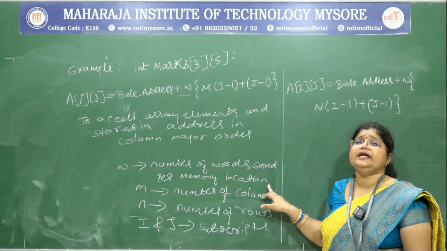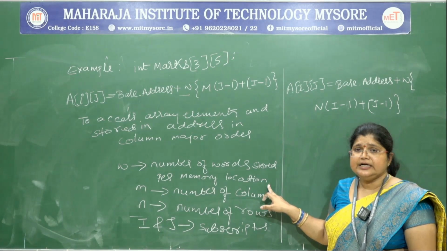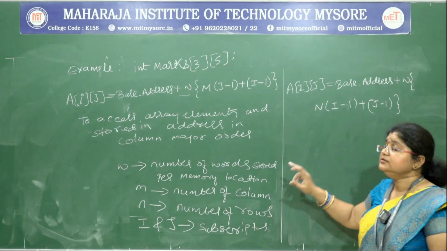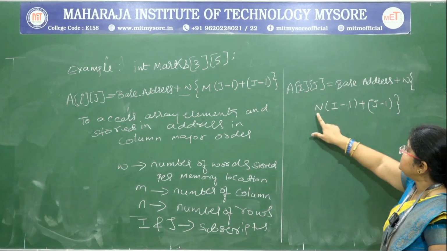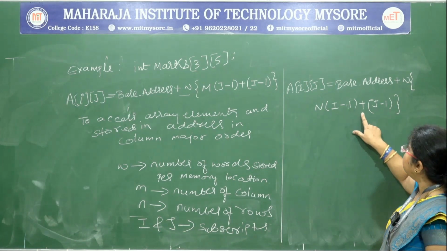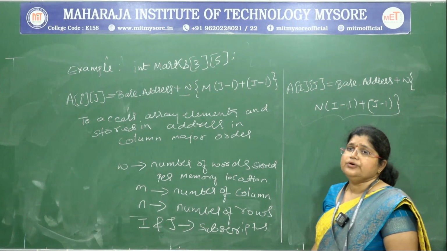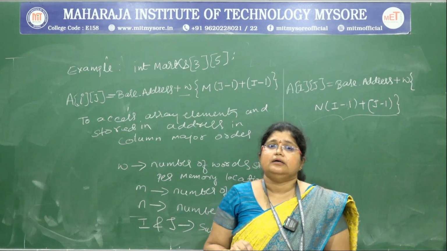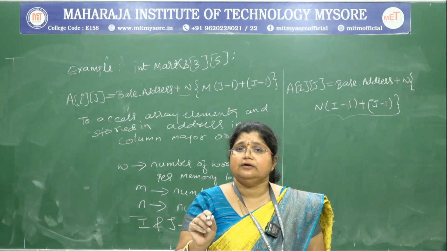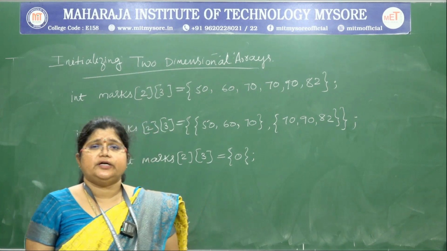That depends upon the data type, whether the array is an integer data type, float data type, or other, if it is strings. Next, N is the number of rows, and I minus 1 plus J minus 1. This particular formula is going to be referred for the memory location when the data elements are arranged in row major order.